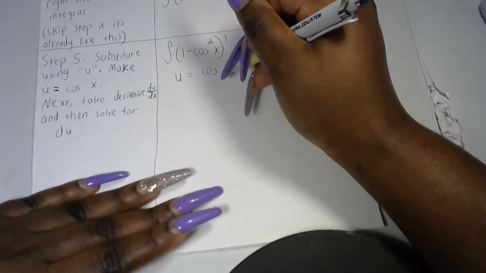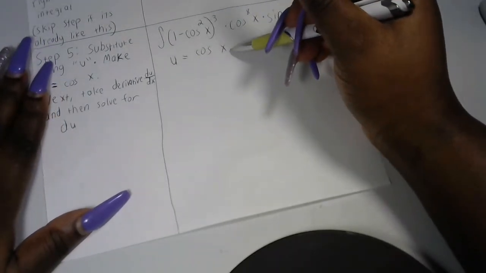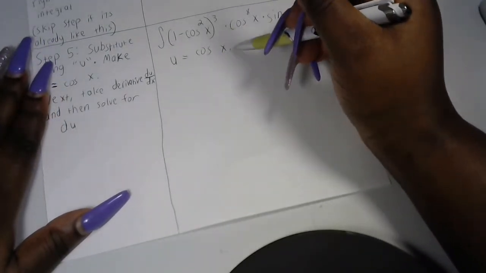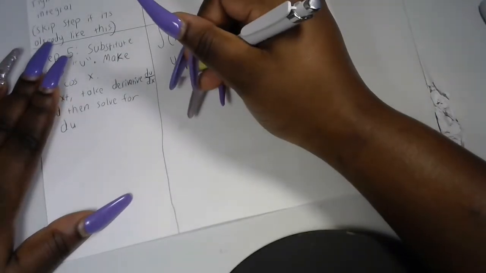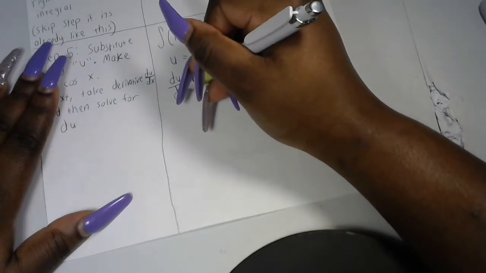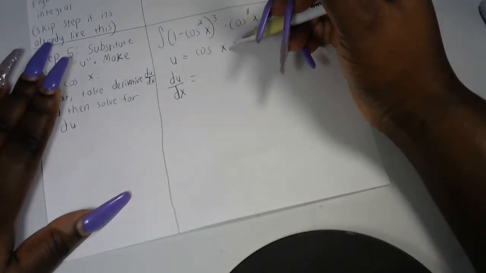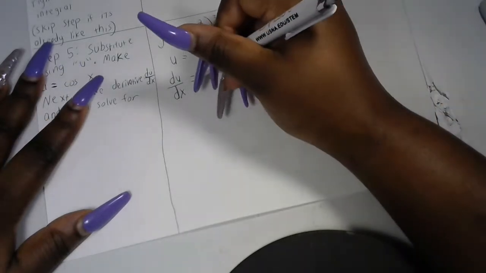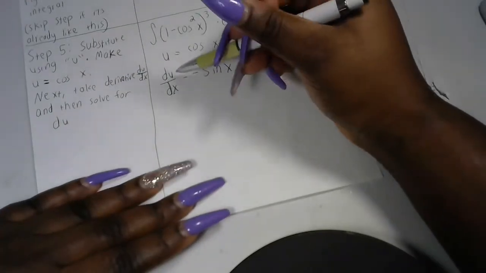So now let's take the derivative of u with respect to x. So du over dx would be the derivative of cosine x, which is negative sine x. So du over dx equals negative sine x.